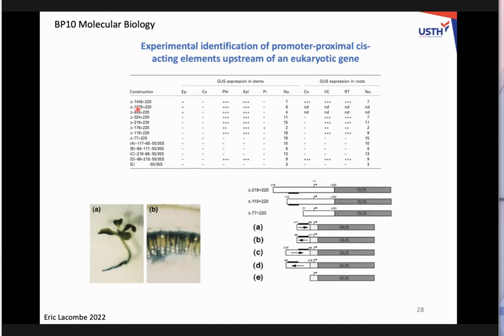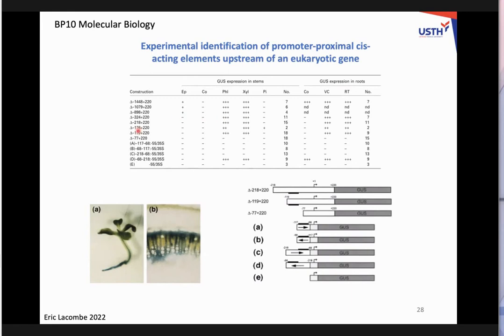Is it okay? And if you go on analyzing this, you see, you remove from 1 kb to minus 900, exactly the same. You remove a big part, so you arrive at minus 324, still the same profile.